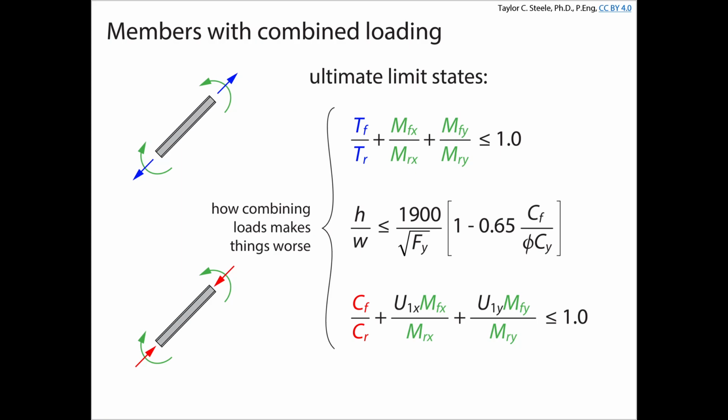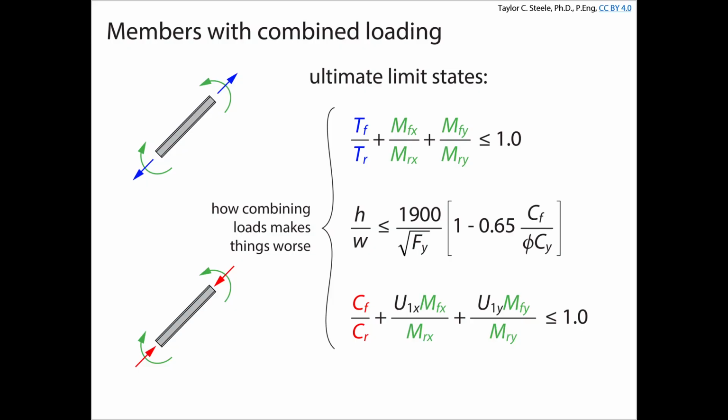So basically what we have is a CF over CR ratio, a TF over TR ratio, some MF over MR ratio. And if you think back to what we've been talking about in STAAD.Pro, if you had a tension member and you had TF and STAAD calculated TR, it presented the utilization ratio, which was TF over TR. Maybe it was 80%, 90%.